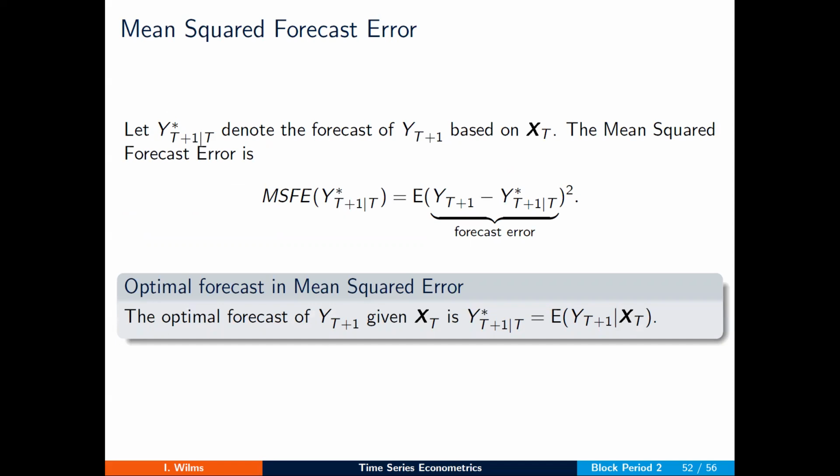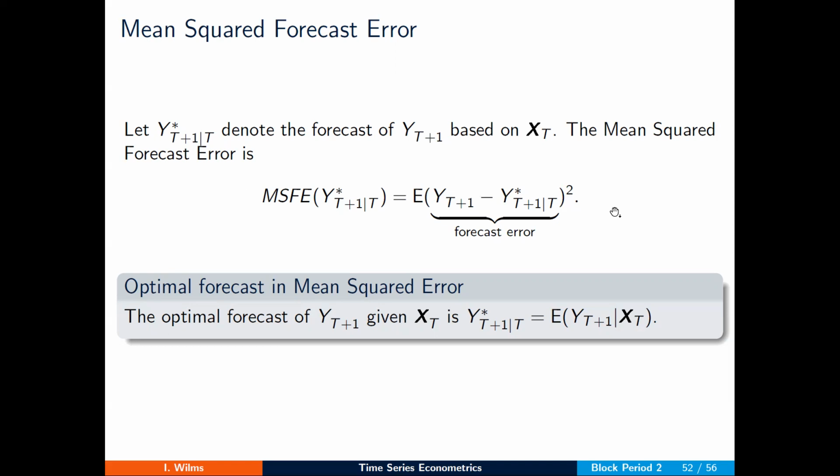So let's first introduce some notation here. Let's denote the forecast made at time point capital T for time point capital T plus 1 through this notation over here. So we make use of all available information until time point capital T, as indicated by this, let's say, conditioning on T. And then the mean squared forecast error is defined as the expected squared difference between the actual value and the forecasted value.